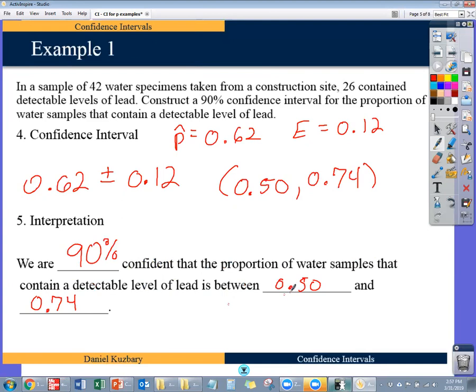So you could say roughly, I'm 90% confident that roughly 1/2 to 3/4 of the water samples are going to contain detectable levels of lead, which is pretty bad. It's either half of them or it's 3/4 of them or it's something in between. All that's pretty bad. So that's how you do a confidence interval for the proportion.